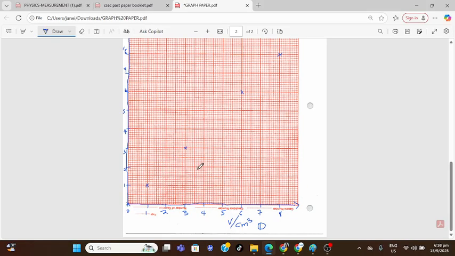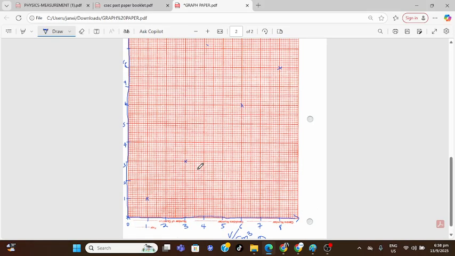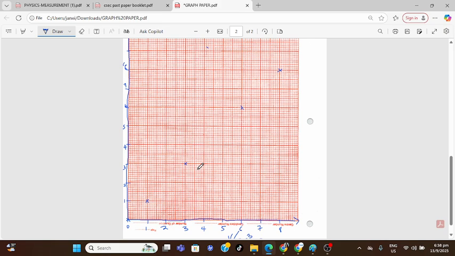And then one thing, we need to draw a line of best fit. I don't have a ruler, but it should be a straight line using a ruler. If I had my drawing pad, I could have put a ruler against it. Anyway, I'll try my best. It can go through all points. Sometimes the line of best fit doesn't go through all the points, but it can.